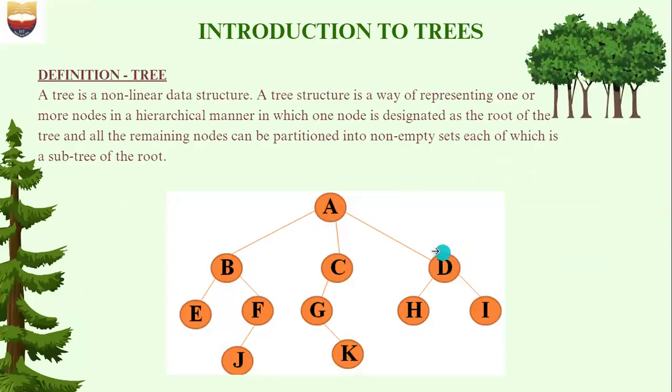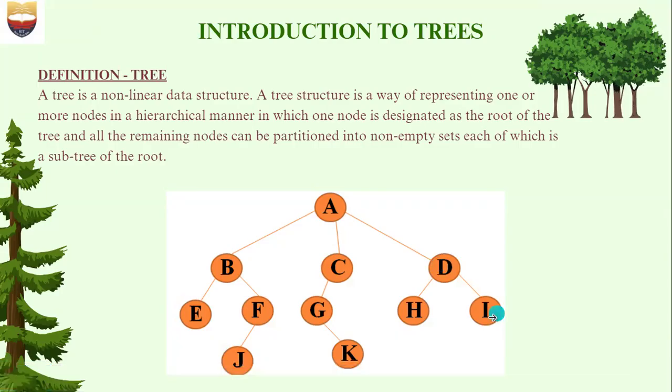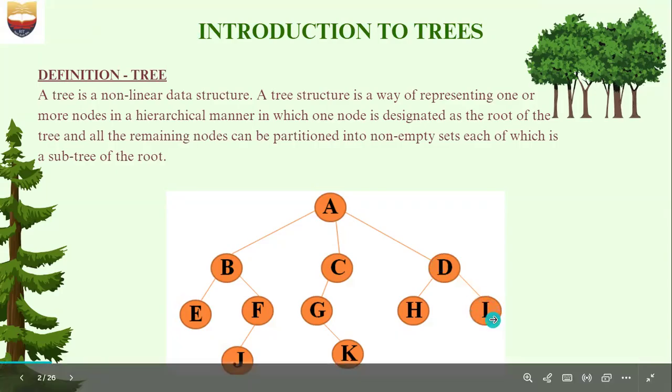Therefore, here I take the path from root node A to I. And on this path, we have totally 3 nodes, including the node I. And if you count the number of edges on this path, we have only 2 edges. The first edge connects A and D, and the second edge connects D and I. Therefore, we can represent the path of node I as ADI, or the number of edges equal to 2.